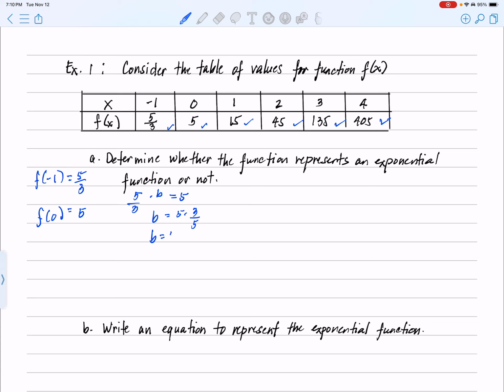When you divide 5 by 5/3, remember the denominator of 3 is 1, so you multiply by the reciprocal of 5/3, which is 3/5.